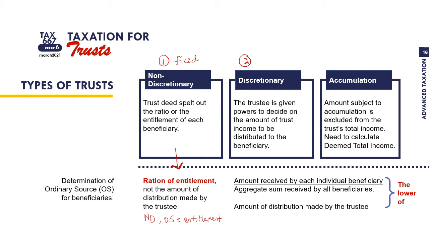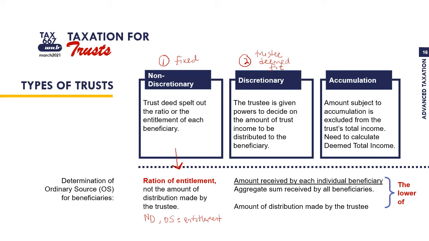So, trustee boleh ikut budi bicara trustee as the trustee deems fit. Apa-apa yang trustee rasa sesuai untuk diberikan kepada waris. Berapa yang trustee rasa sesuai untuk bagi dekat waris number 1. Berapa yang trustee nak bagi dekat waris number 2.